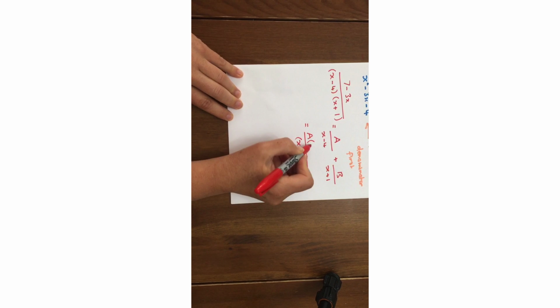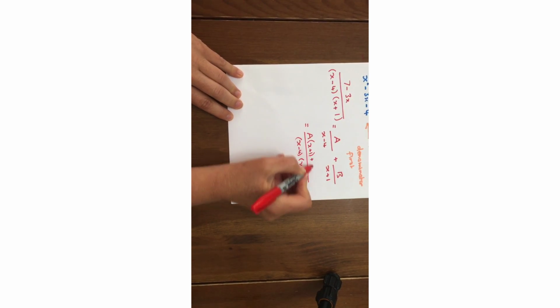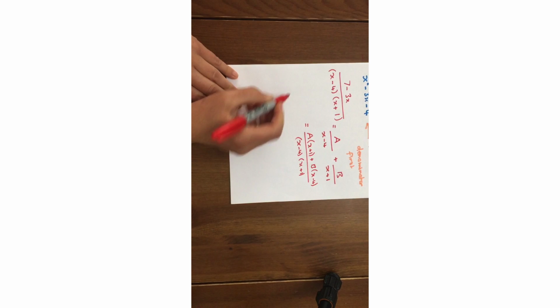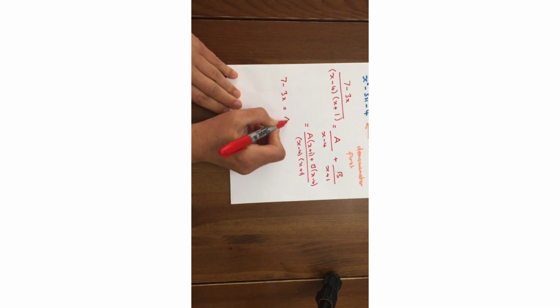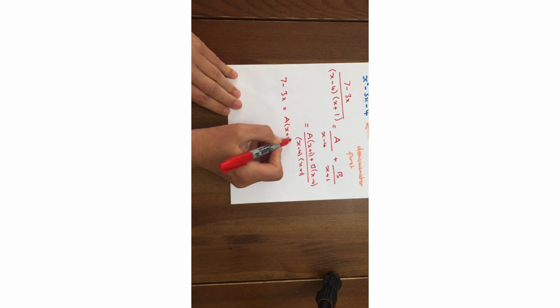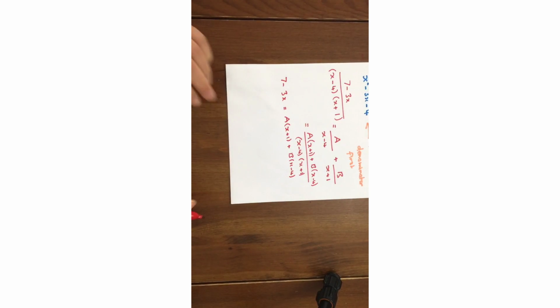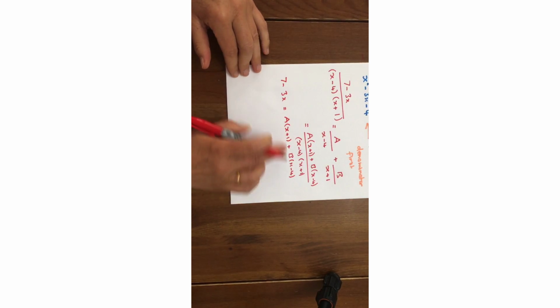A lots of x plus 1 plus b lots of x minus 4. So I can now say that both my numerators are equal. And now I'm going to sub in values for x to get rid of both these brackets.